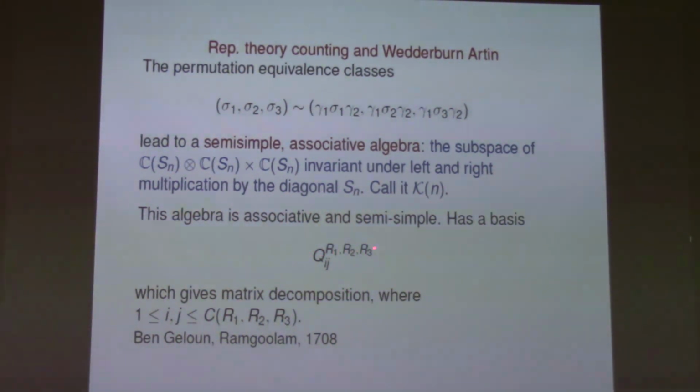You take this triple of Young diagrams, and i and j run from 1 up to this Kronecker coefficient, and you expect a matrix basis for this algebra. Using group theory, you can construct Clebsch-Gordans and matrix elements, and you can construct this group algebra element, which lives in this invariant subspace, as expected from this structure theorem.